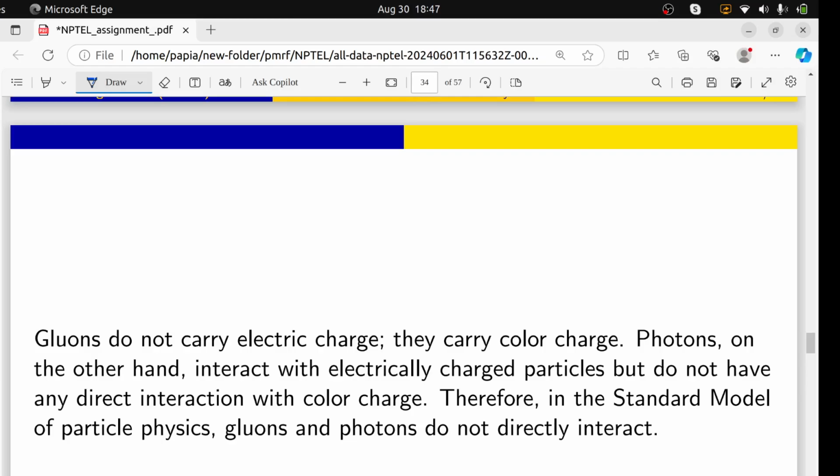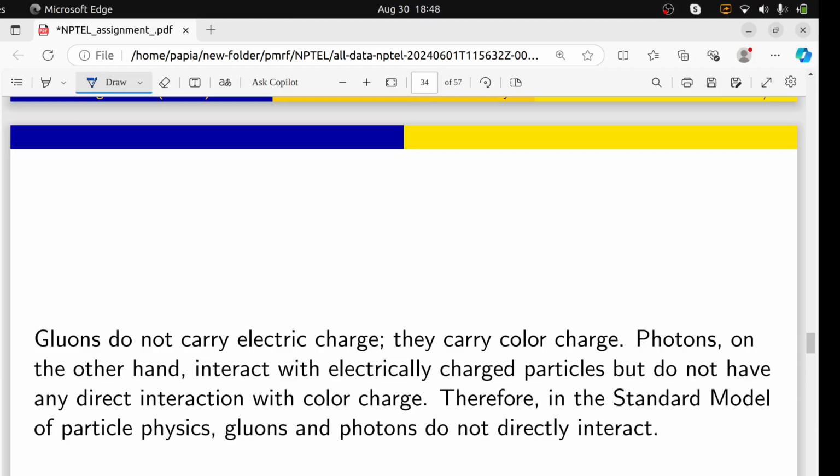Photons, on the other hand, interact with electrically charged particles but do not have any direct interaction with color charge. Therefore, in the standard model of particle physics, gluons and photons do not directly interact. Obviously, there is some indirect interaction between gluon and photon, but right now we will not talk about that.